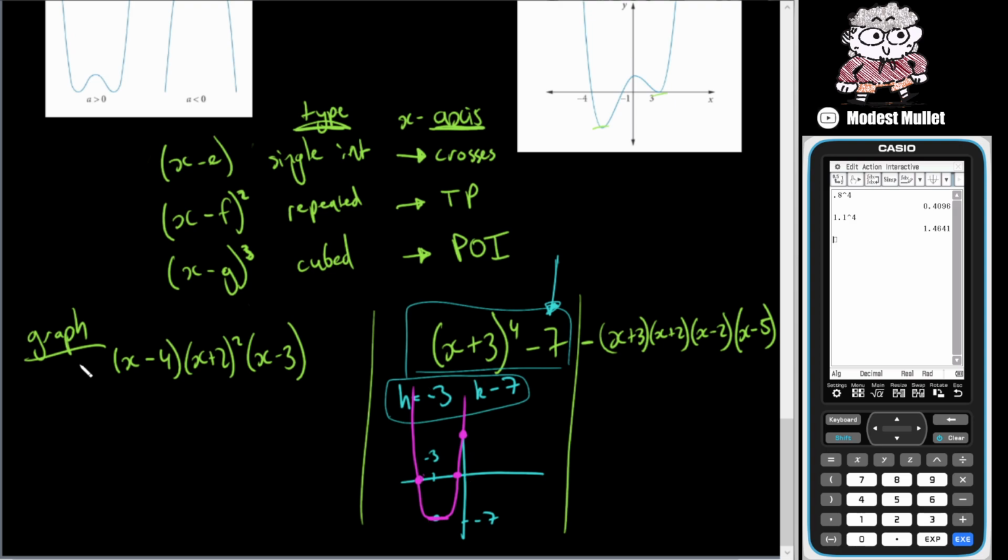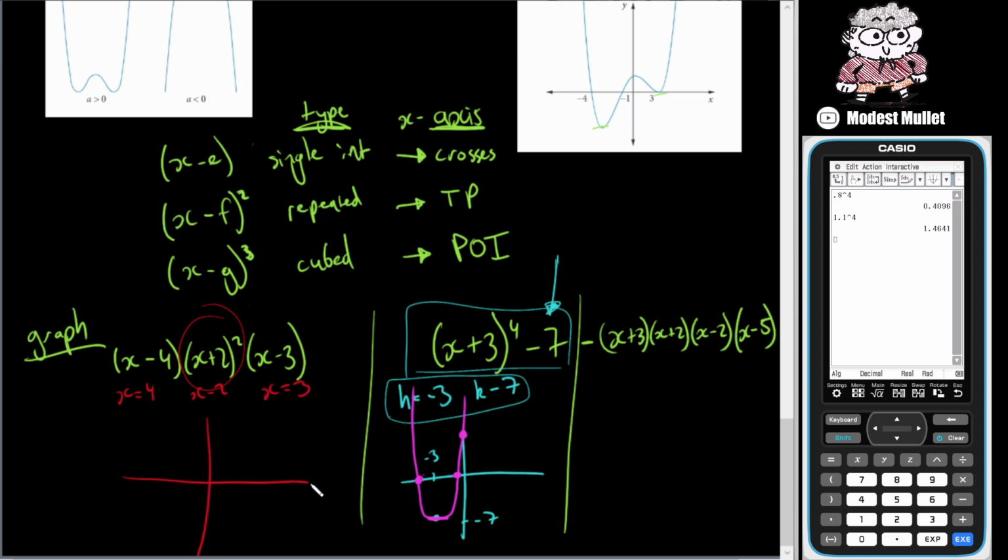Let's jump to the left-hand one, and we can quite quickly see we have that repeated root. So we have intercepts at x equals 4, x equals -2 repeated, and x equals 3.